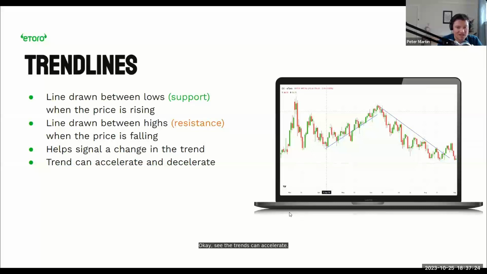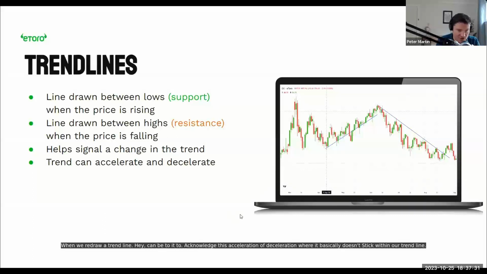Okay, so the trends can accelerate and decelerate. When we redraw a trend line, it can be to acknowledge this acceleration or deceleration where the price basically doesn't stick within our trend line.